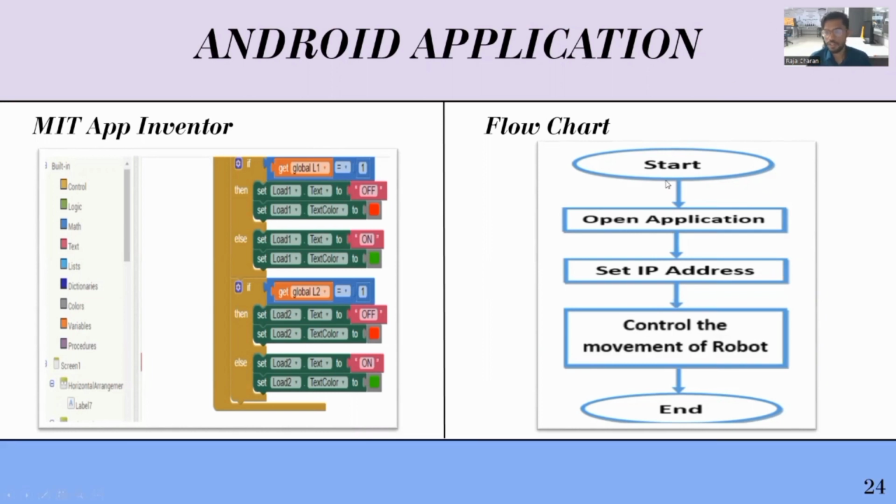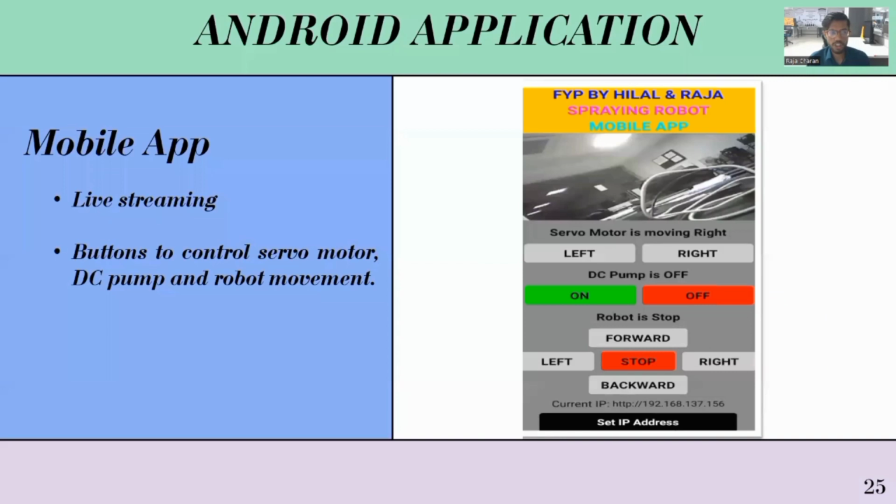In this flow chart, we first provide an IP address to control the movement of the robot. So here is the result of that Android application. Here you can see that the live streaming is shown on the app. We provide the IP address that is given by the code of the ESP32 in this Android app to see the live streaming.